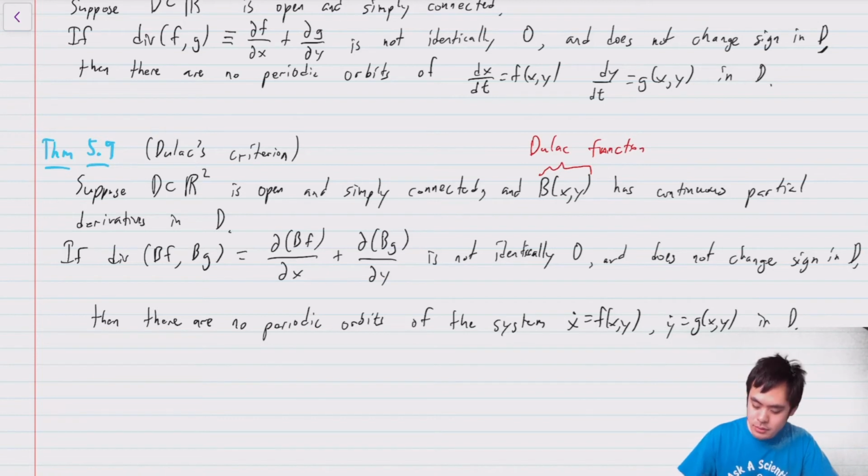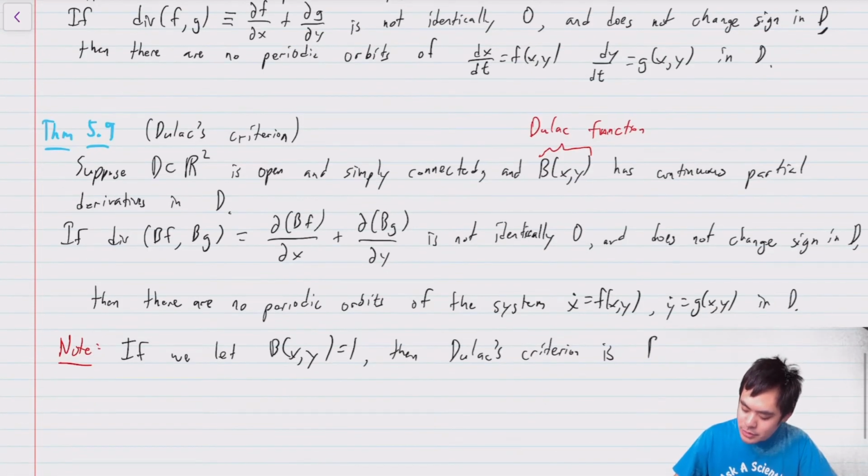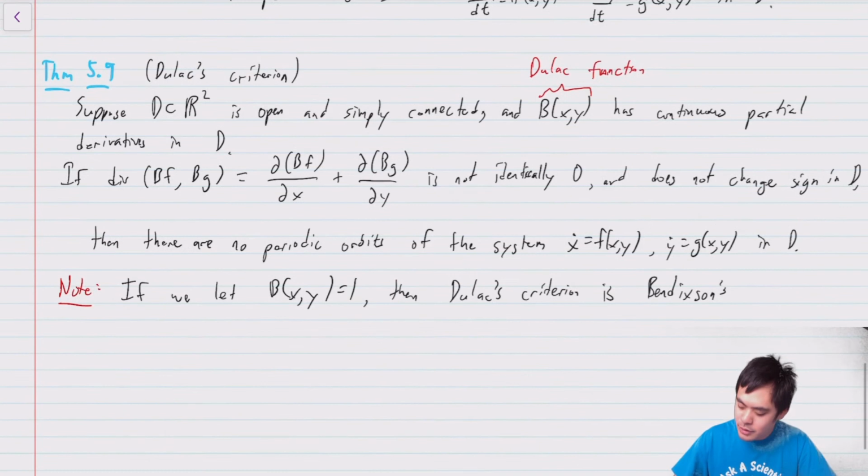Note, if we let b of x, y be equal to 1, then Dulac's criterion is Bendixson's criterion. So this is a generalization where you multiply by some other function.